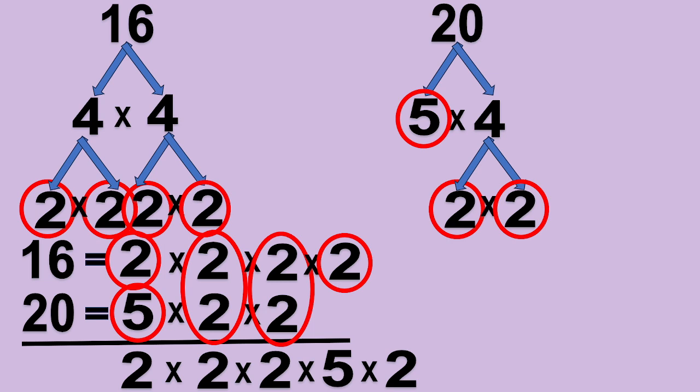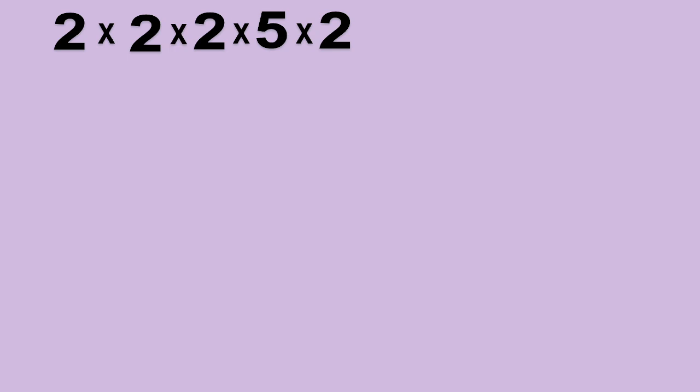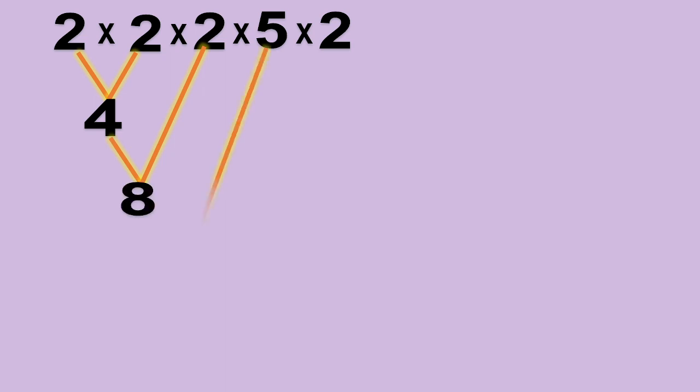Now, get the least common multiple of the given numbers by solving for the product of the combined factors. 2 times 2 times 2 times 5 times 2. 2 times 2 is equal to 4. 4 times 2 is equal to 8. 8 times 5 is equal to 40.